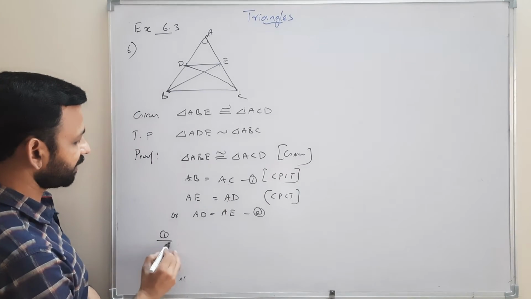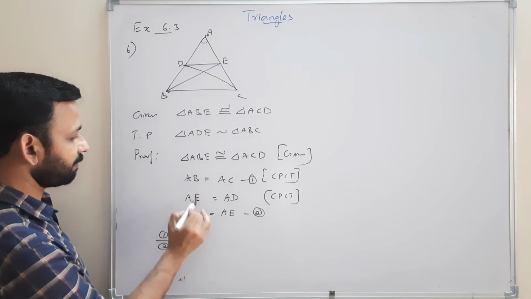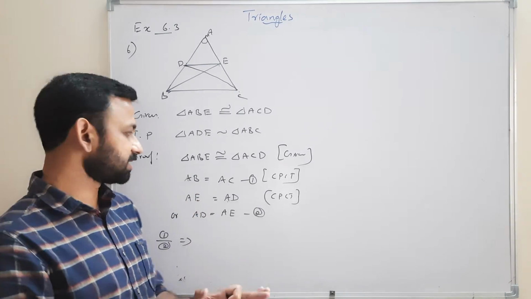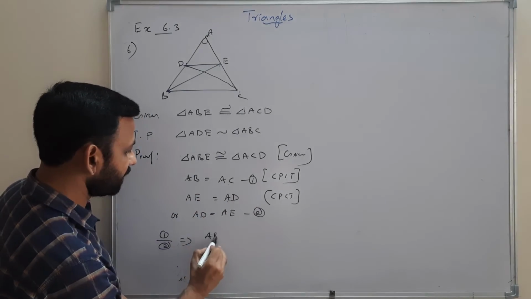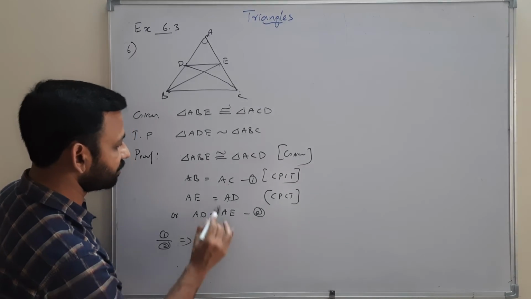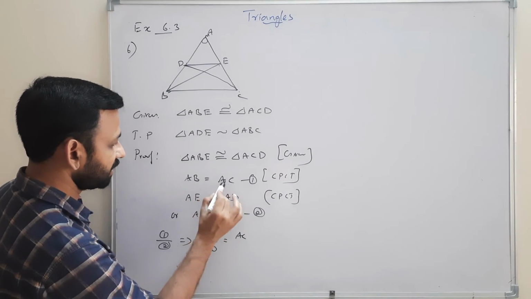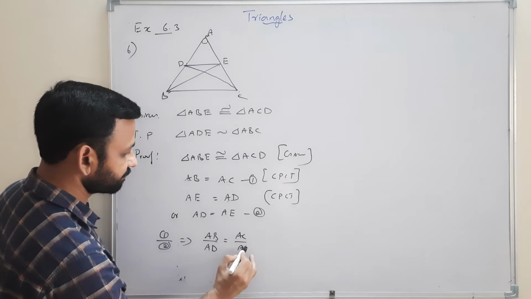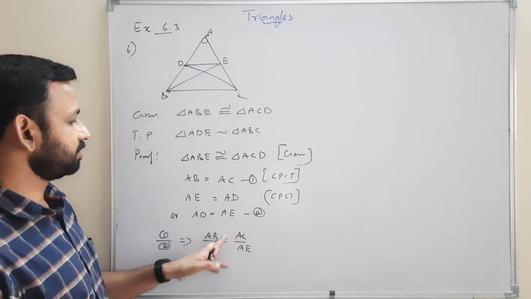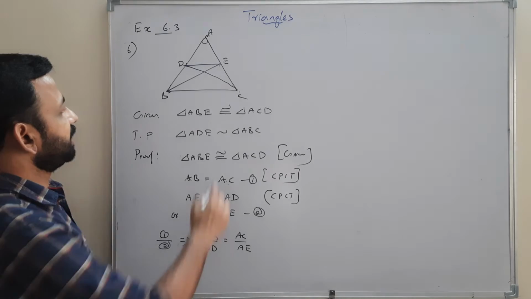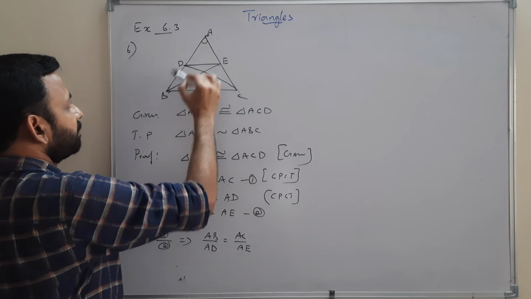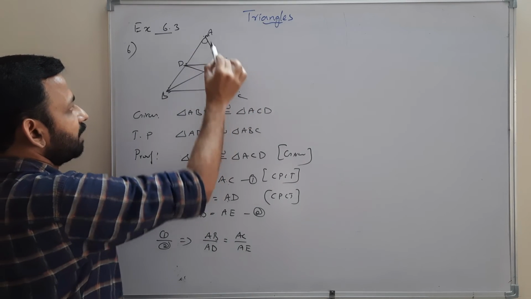Then equation 1 divided by equation 2 implies AB upon AD equal to AC upon AE. That is, we got the result AB upon AD equal to AC upon AE.